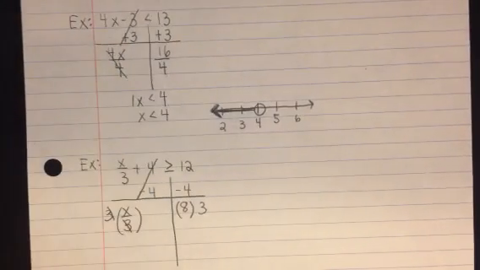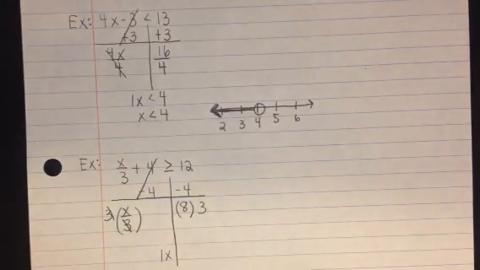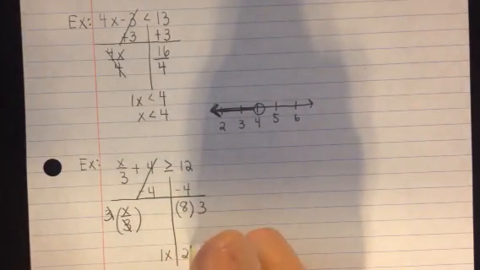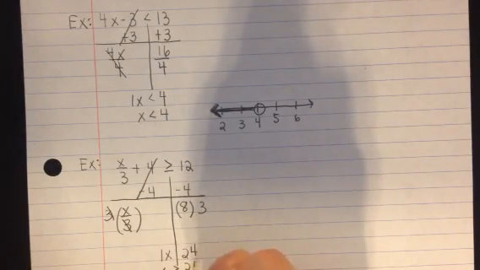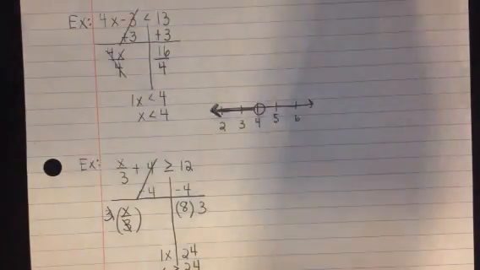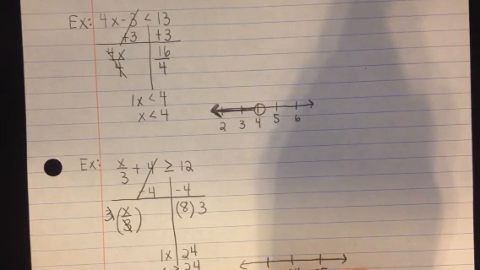The 3 over 3 reduces to 1. So 1x, 8 times 3 is 24. So I get x is greater than or equal to 24. Alright, and then to plot this on the number line, put 24 in the middle. 25, 23.